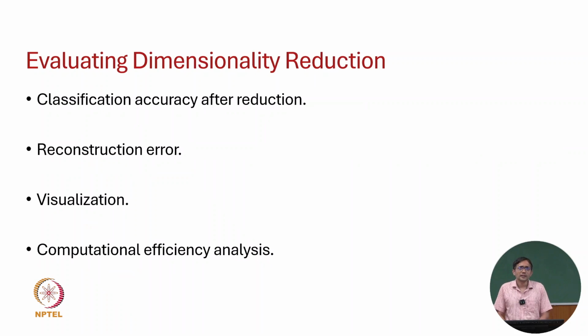Think about how one would evaluate dimensionality reduction. One is, of course, the classification accuracy after the reduction. Let's say our downstream application is classification, and the accuracy drops significantly after we do dimensionality reduction, then there is no point in doing the reduction, right?